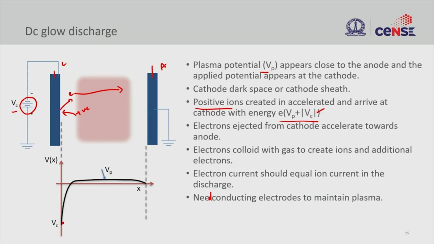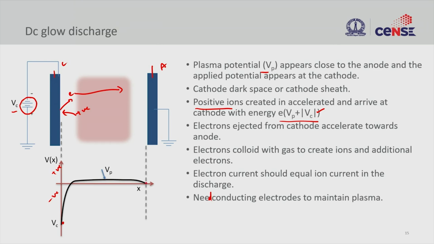But as you move inside the plasma, it will become slightly positive, right? So this is the positive side and this is the negative side. Your plasma potential is slightly positive. We already saw the plasma potential is slightly positive because of the electron loss that you have, right? The electrons are going to scatter a lot unlike ions, and you will have electron loss, creating a slightly positive potential.